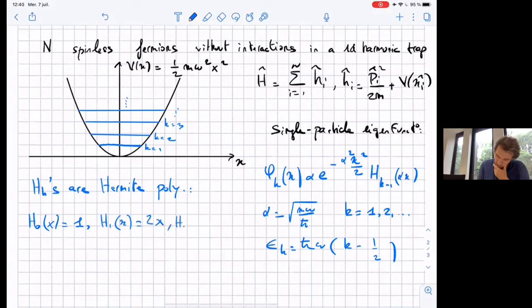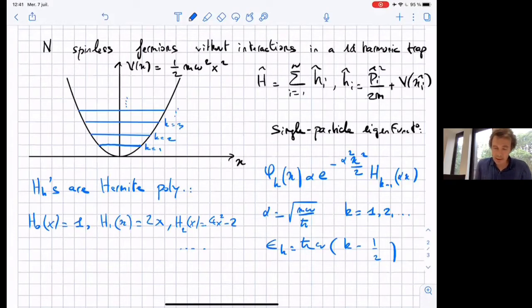H_2 of x is simply 4x squared minus 2, and so on and so forth. Okay. So now this is quite easy, of course.